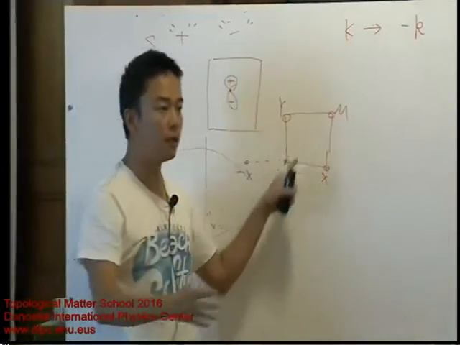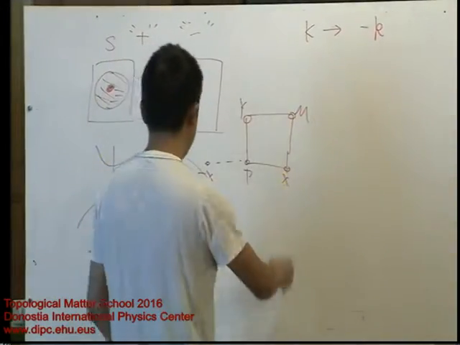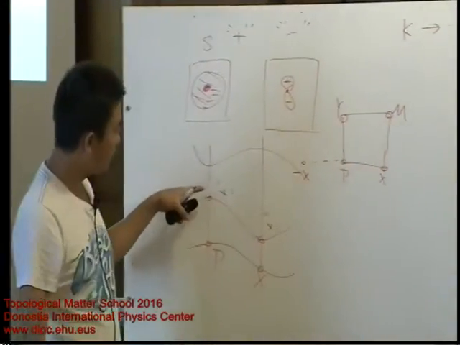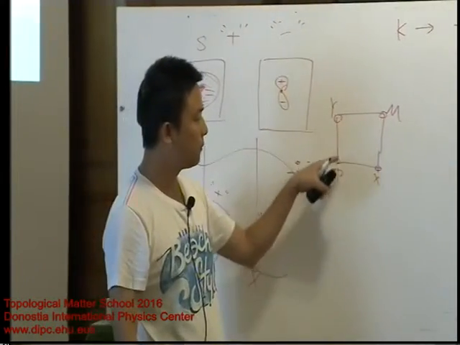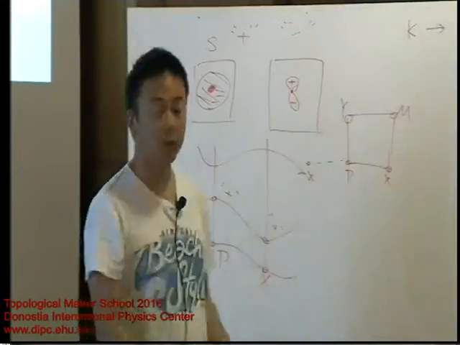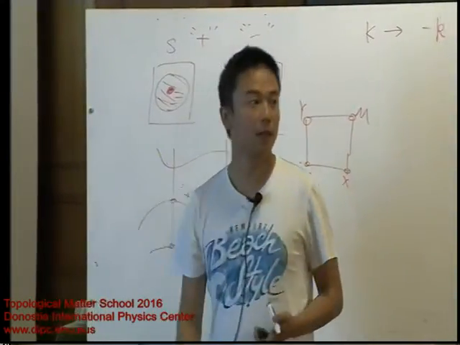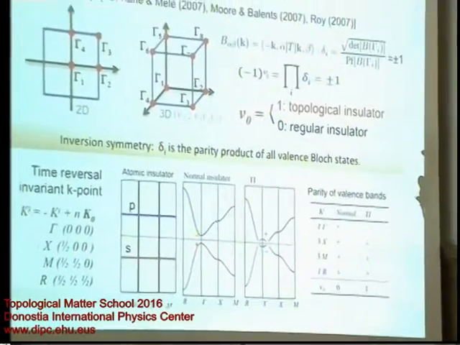But that's all, only these 4 points, there are no more. That means we count the parity of all the valence wave functions at these 4 points, and then make a product. If you get -1, it's a topological insulator. If you get +1, it's just a normal insulator.